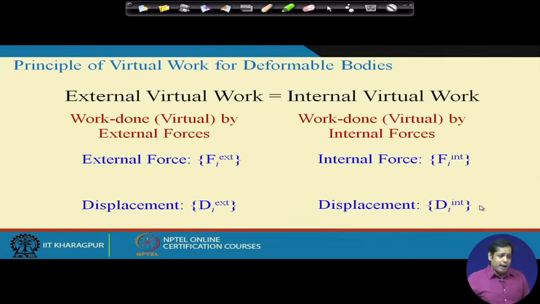Now, we have not made any statement whether the forces are real and displacements are virtual, or the displacements are real and the forces are virtual. If you remember, we said we want to derive a very general principle of virtual work and then see that the principle of virtual displacement that we discussed in the last class is a special case of this general principle.